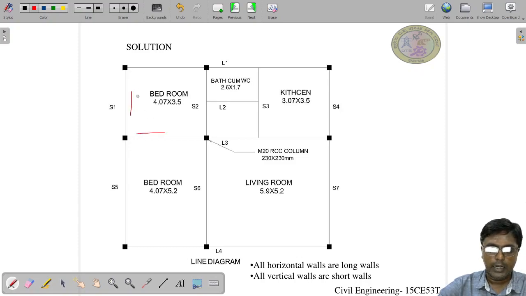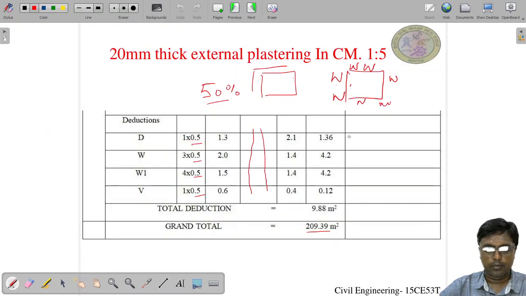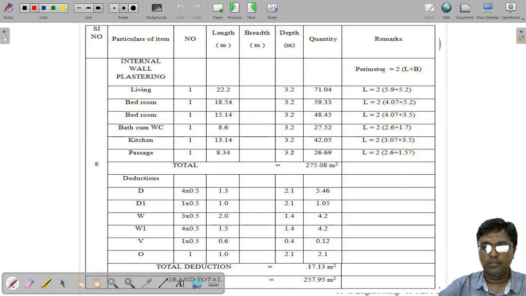We take the internal length first. The perimeter: 4.07 plus 4.07 plus 3.5 plus 3.5. That gives us the perimeter. Multiplied by the height, we will get the quantity of internal plastering. See, we have a formula for perimeter: 2 into (L plus B).